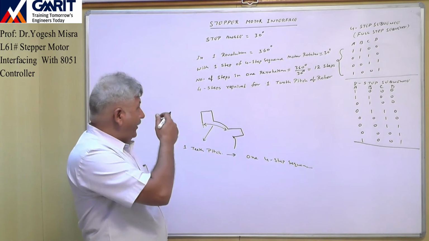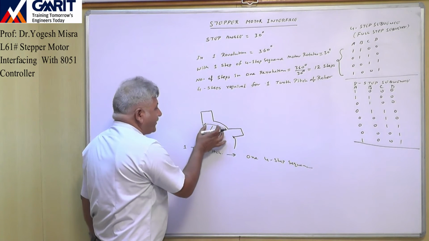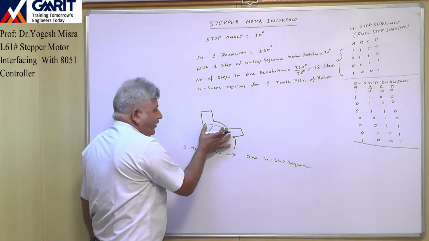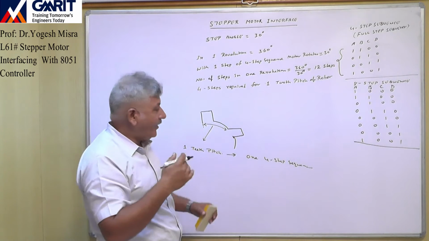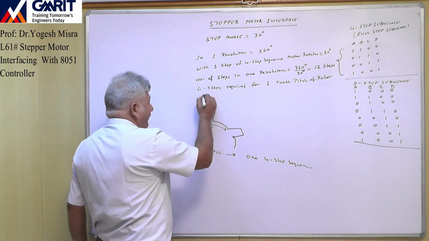Now 4 steps are required for this one tooth pitch. So in one step, how much will this rotor rotate in terms of tooth pitch? That we can find out.